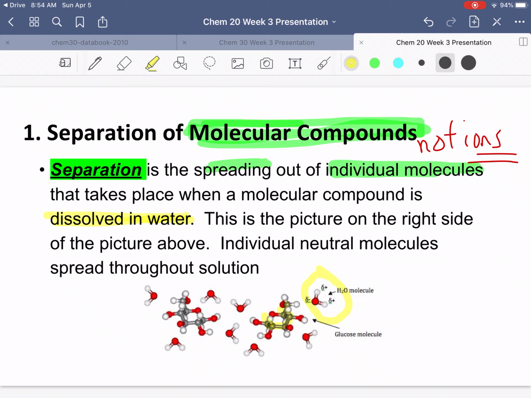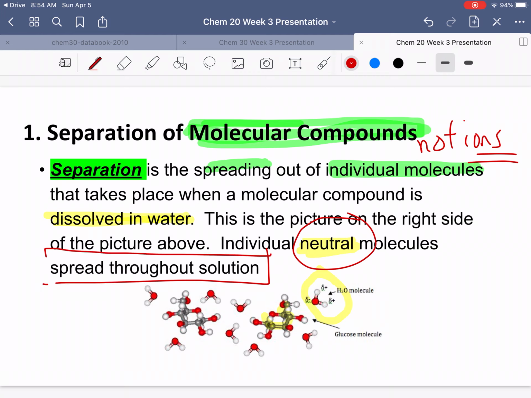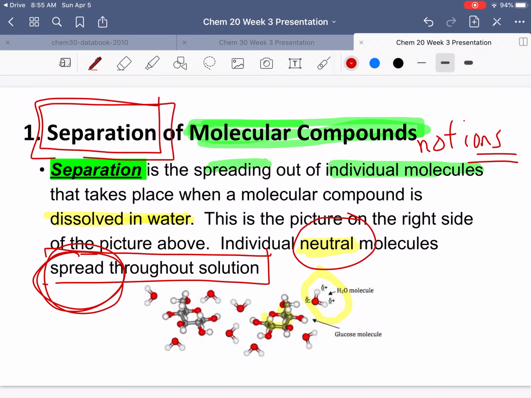Now, ultimately, these individual molecules are neutral, so we've got no ions. That's key again, no charge, spread throughout the solution. Because they're spreading apart, that's dissolving. Key language. Do not lose sight of what this is called. Separation. Make sure that you know that word.